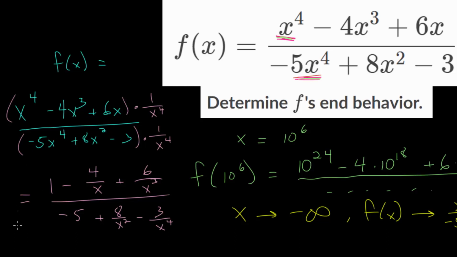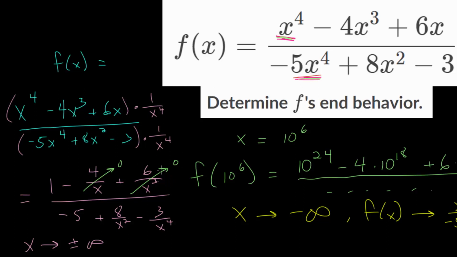And as we let x approach either positive or negative infinity, these terms with x to some power in the denominator, all of these will approach 0. So if we think it through, basically we have a constant in the numerator and our denominator is getting bigger and bigger. It might be getting more and more negative if we're approaching negative infinity, but the main idea is that the numerator is fixed while the denominator is getting bigger and bigger.